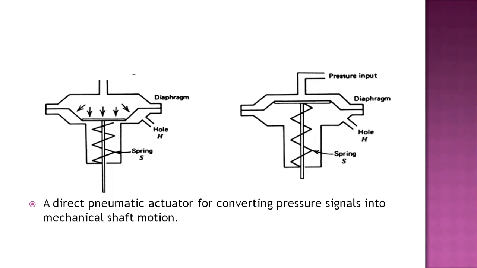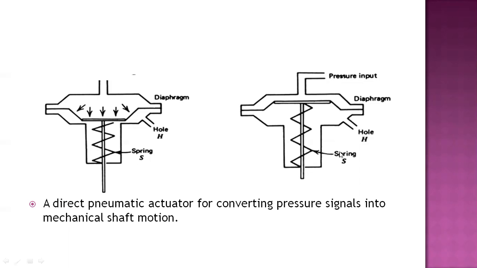In the low signal pressure state, the spring maintains the diaphragm and the connected control shaft in the position shown over here. The pressure on the opposite side, that is the spring side of the diaphragm, is maintained at atmospheric pressure, and the force on the diaphragm forces the diaphragm and connected shaft down against the spring force also.